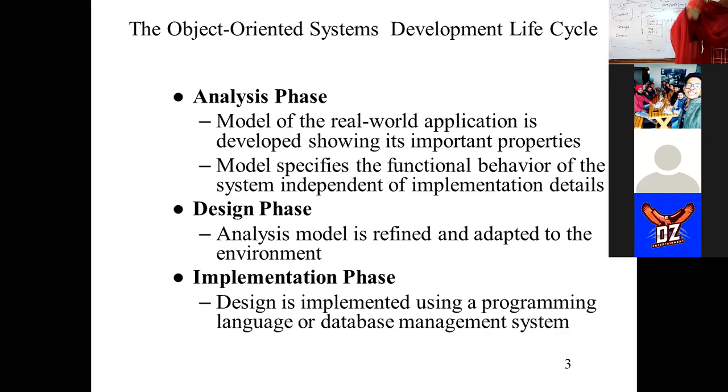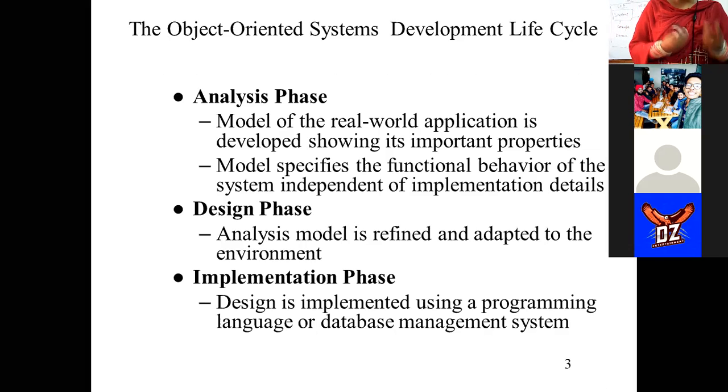The object-oriented system development lifecycle. Like a simple traditional lifecycle, we have an object-oriented development lifecycle, and that lifecycle consists of the analysis phase, design phase, and implementation phase. The analysis phase models real world applications, showing their important properties.